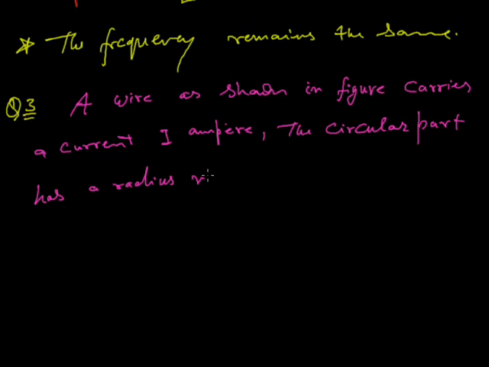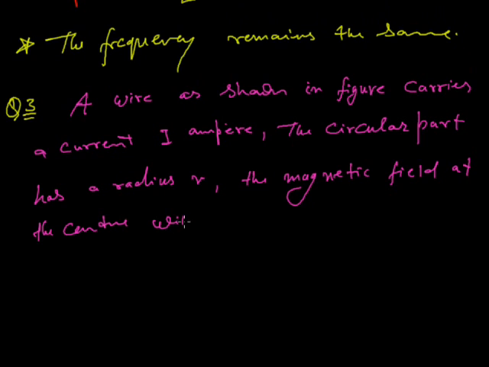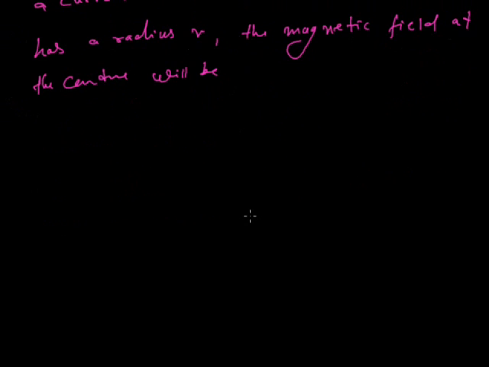The magnetic field at the center will be? The diagram is given like this. Current is I, O is the center of the circle, and R is the given radius. R is from this point to this point. This is also R. This is point A and this is B.